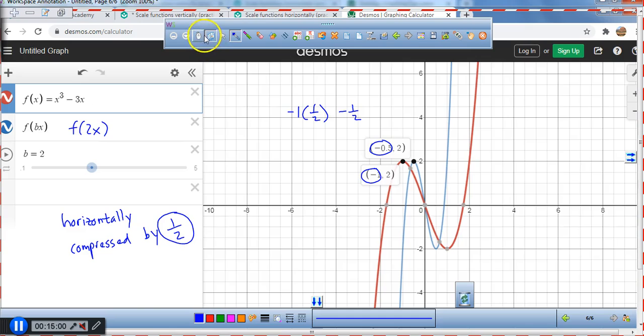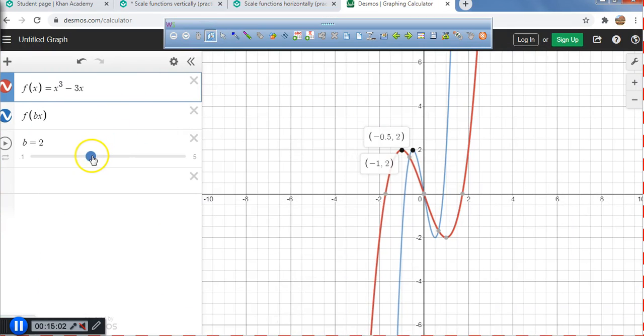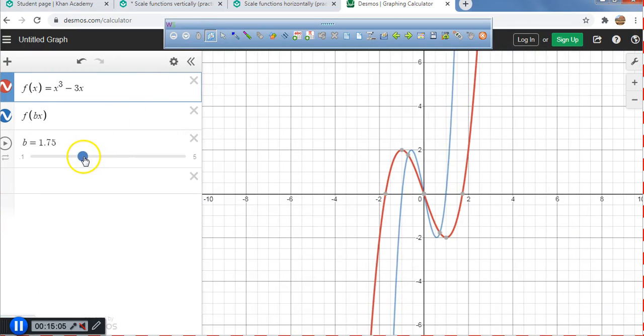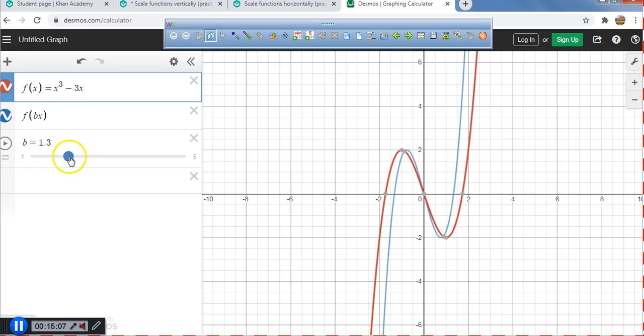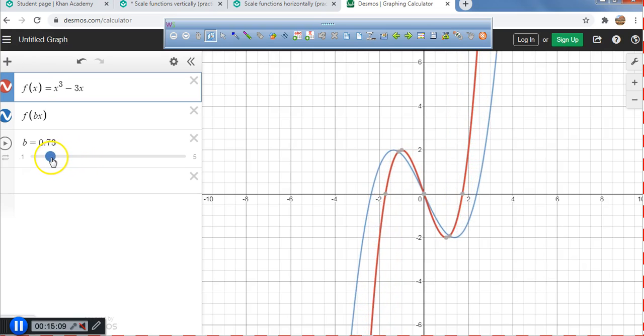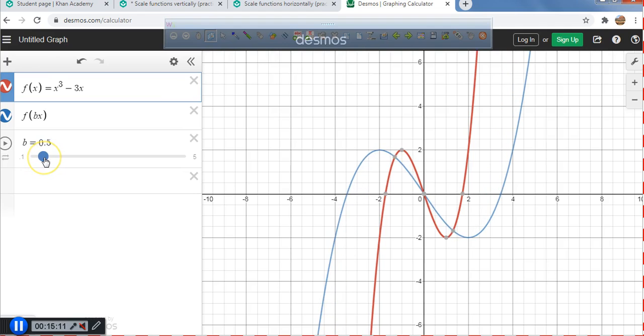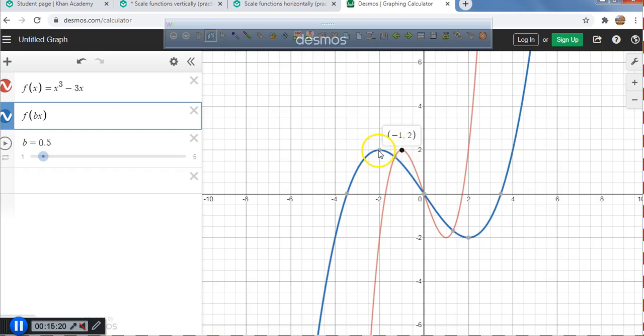So let me do it a little bit differently here. Let's let the b value be a half, and let's see what happens. Okay, there we go, getting closer, right there, boom. Here's where it was originally, at -1, and now I've made the b value a half, and look what happens to our x value.